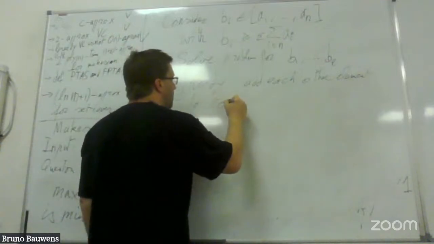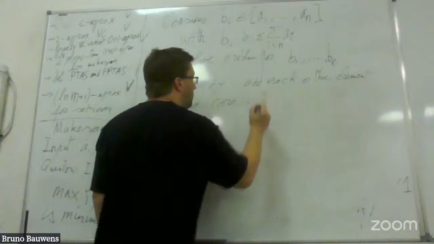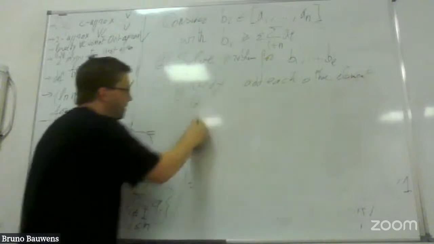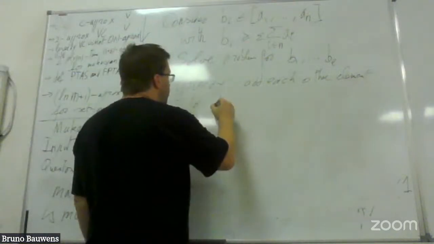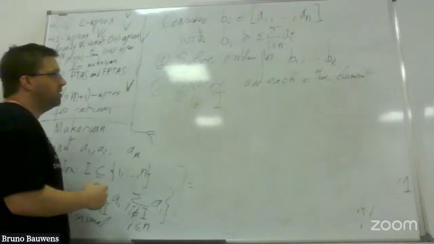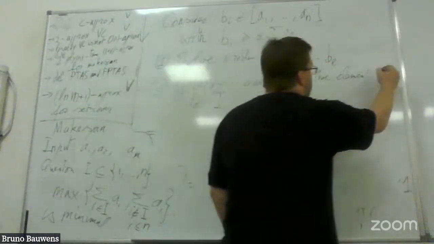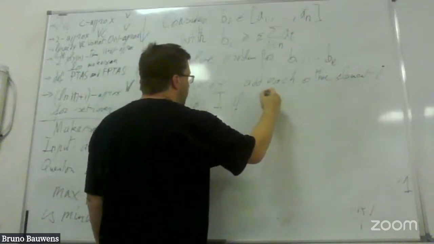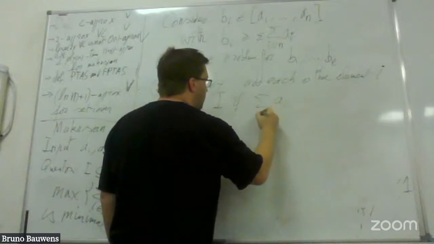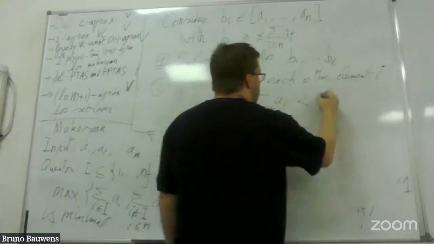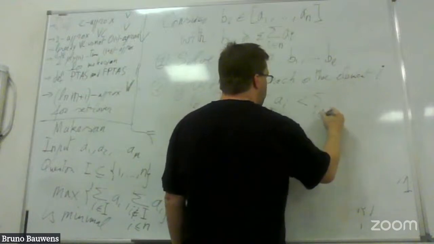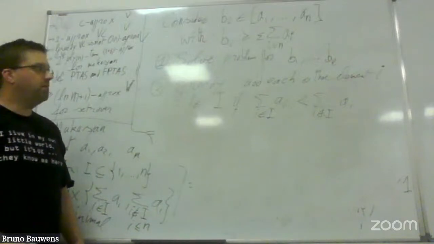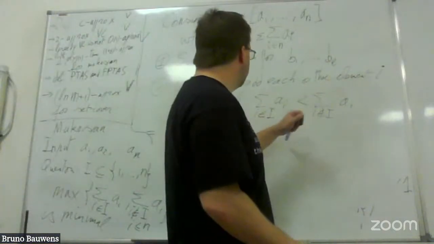Then step 2 is greedy. Add each other element i to the set I whose sum is smaller.